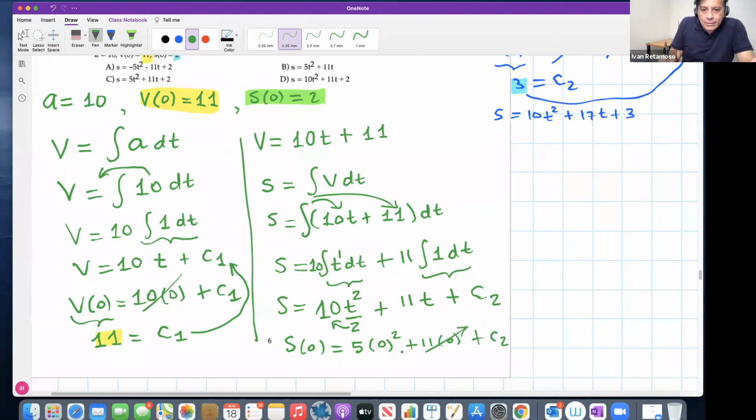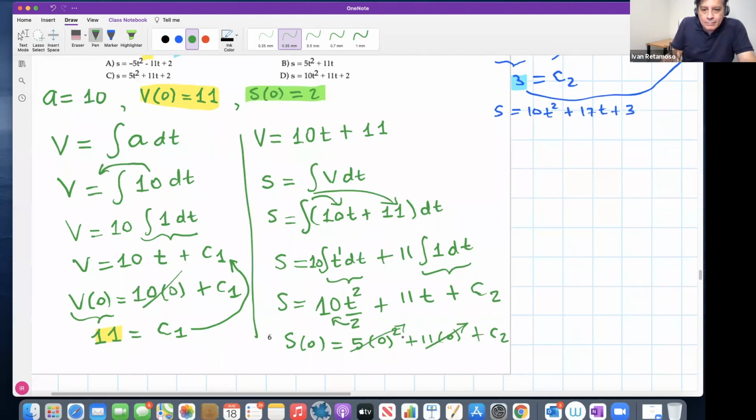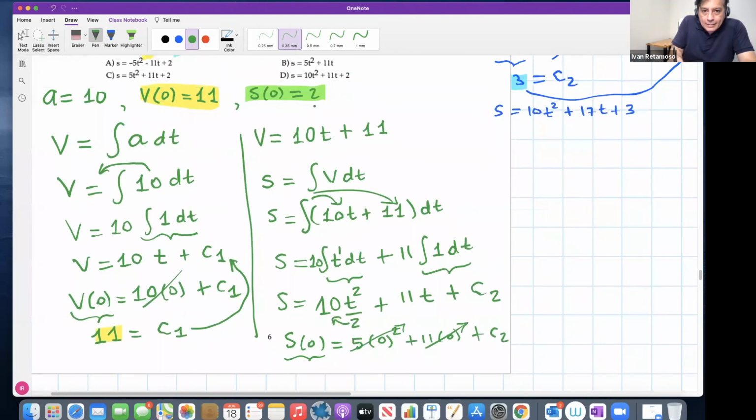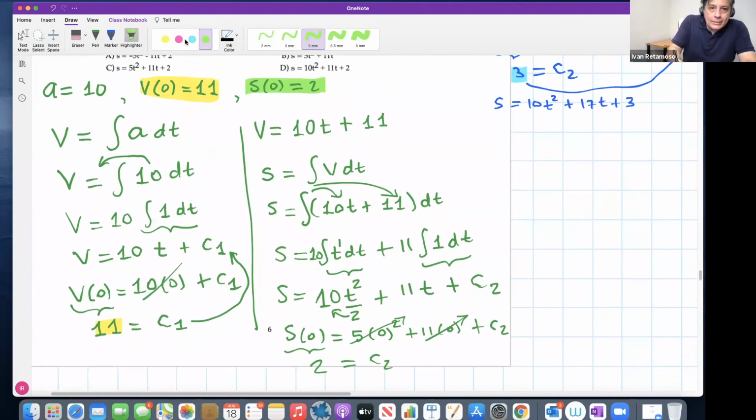Good news, 0 as a multiplier is so nice, it eliminates these two terms. But on the other hand, they're telling us that this is equal to 2. So conclusion, C2 equals 2. Again, guys, the pattern still holds, right? Remember we said this is not just any number, it ends up being the constant, the second constant.